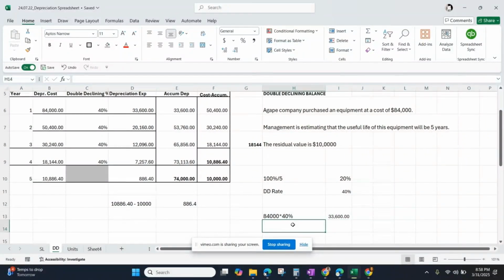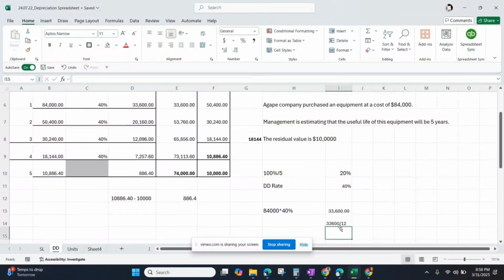If I want to find out how much this depreciation is for 3 months of the year, I have to break it down into months. I do that by dividing 33,600 by 12, right?